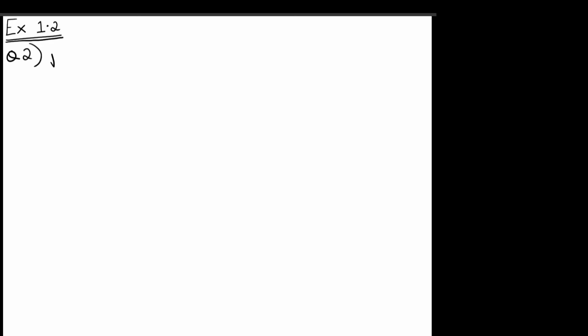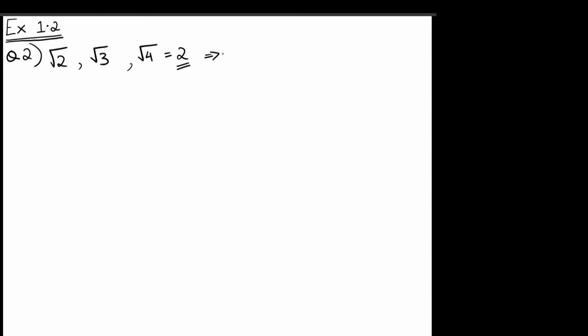We do know root 2 is an irrational number. We know root 3 is an irrational number. However, root 4 when simplified equals 2, which is a rational number.